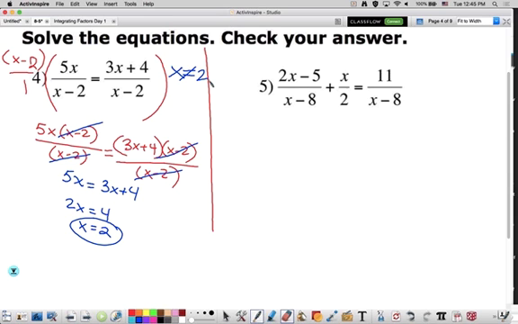So I have this solution, but I have a contradiction because I told you at the beginning, x cannot equal 2 because of this domain. But you found that x is equal to 2. Therefore, you have a contradiction. So therefore, no solutions exist.